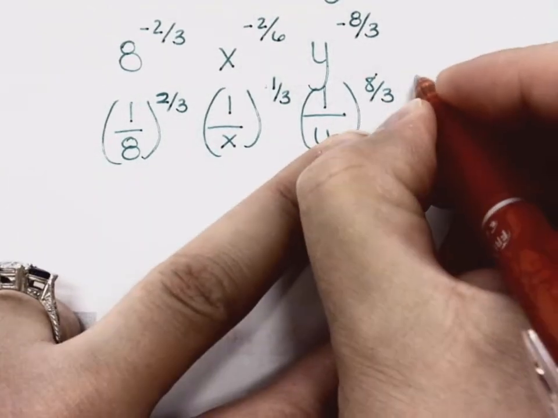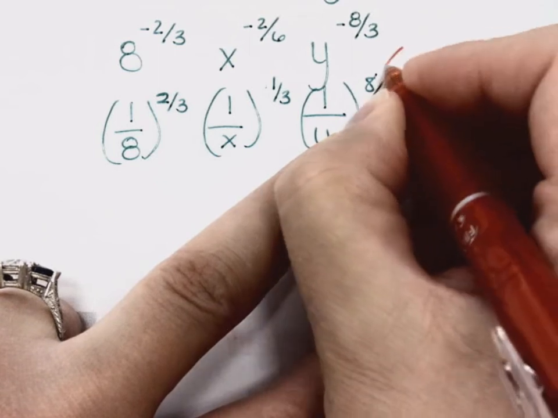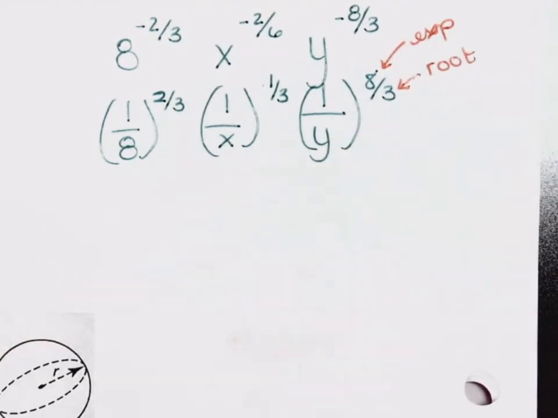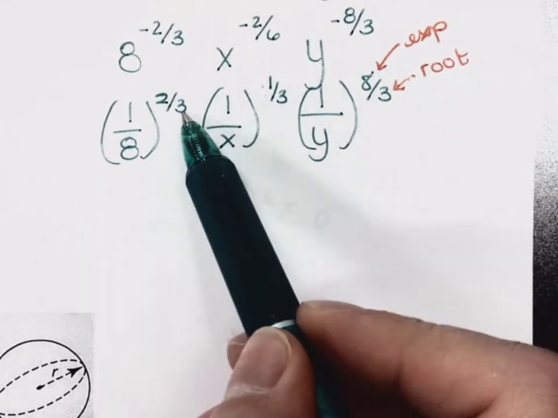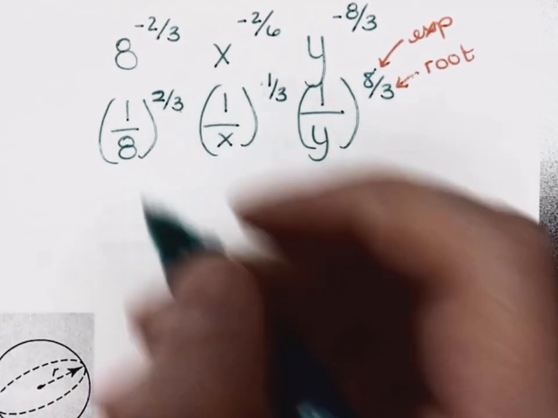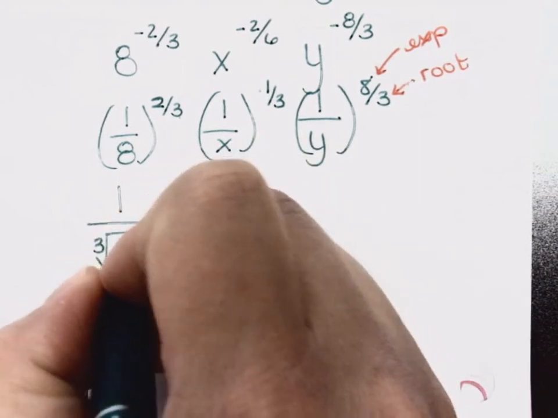Remember that in fractional exponents, the bottom tells you what kind of root you have, and the top tells you your exponent. So it tells you the kind of root and the exponent that you have. That's for all of them. I just wrote it in a place that I could see it. So I have a cube root and a squared. I'm going to take the cube root of 8.